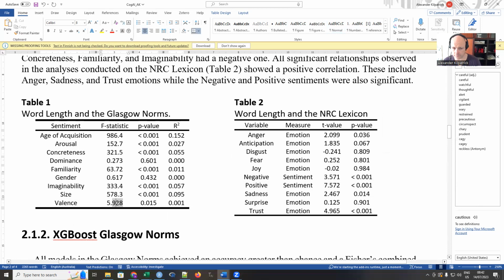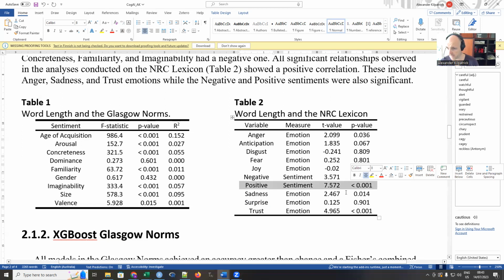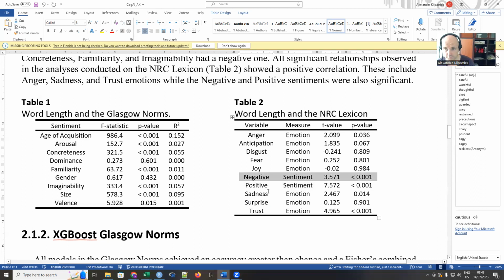Now, the valence is a two-tiered test, which means that a low score is negative, a high score is positive, and a mid score is default, whereas these are one-tiered tests, which means that a 0 is default, and a 1 is negative or positive, depending on which metric. Now, the reason why this still shows a positive correlation is because positivity is more robustly reflected in length than negativity, okay? But length still reflects both of these sentiments.